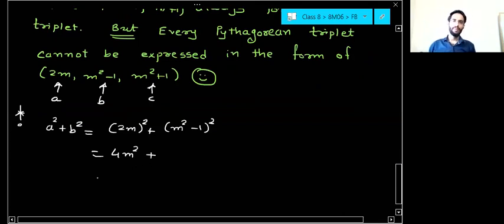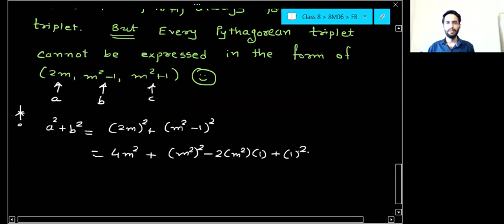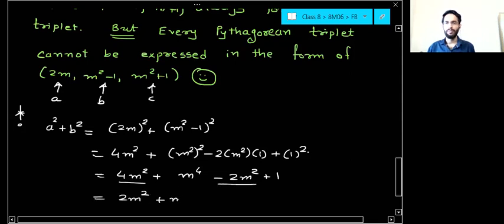Shivansh, do you know formula of a minus b whole square? So this is your a square minus 2ab plus b square, isn't it? Right. So this is equal to 4m square plus m to the power 4 minus 2m square plus 1. 4m square minus 2m square will give you 2m square plus m to the power 4 plus 1.